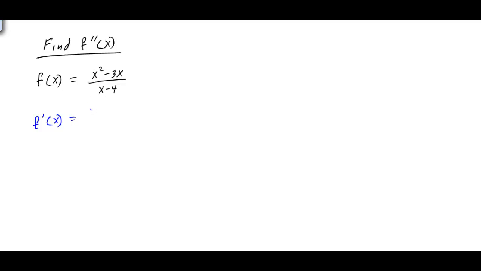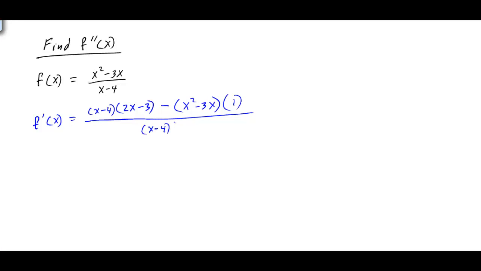So that means we're going to take the bottom function, multiply that by the derivative of the top, which is 2x minus 3, minus the top function multiplied by the derivative of the bottom, which is simply 1. And this is all divided by the denominator squared.